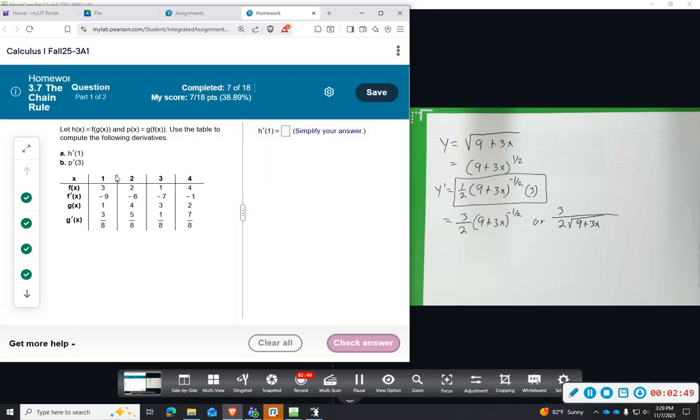Number 8, we want to find the value of h prime of 1 and p prime of 3.